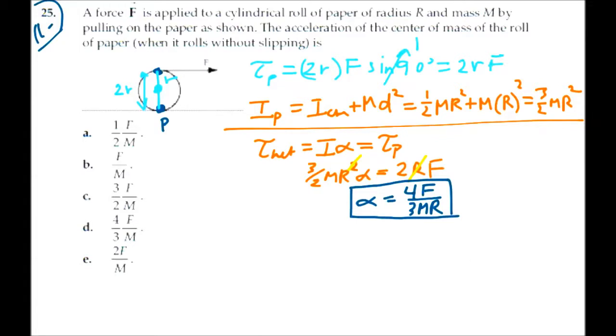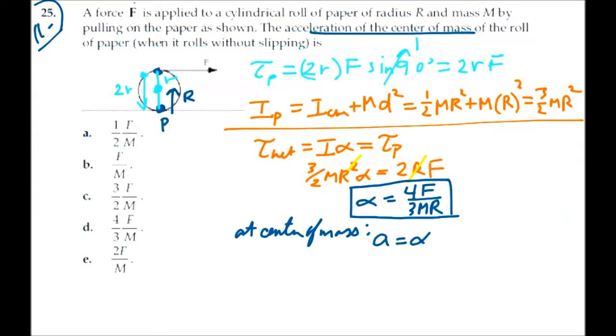But we want to find the linear acceleration at the center of mass. Well, that distance from the pivot point to the center of mass is the radius of the cylinder, r, and hence the linear acceleration at the center of mass would be equal to the angular acceleration of the whole disk times the distance to that point, which is r.